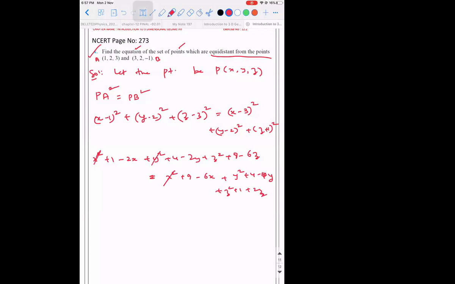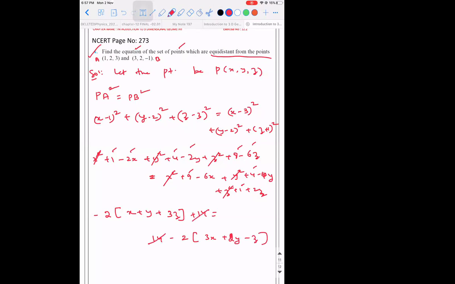x square gone, y square gone, z square gone. So minus 2x minus 2y minus 6z. So minus 2 into x plus y plus 3z, 1 plus 4 plus 9, 10 plus 14 is equal to 9 plus 4 plus 1 is 14, minus, again I take out 2 common, it will be 3x plus 2y minus z.